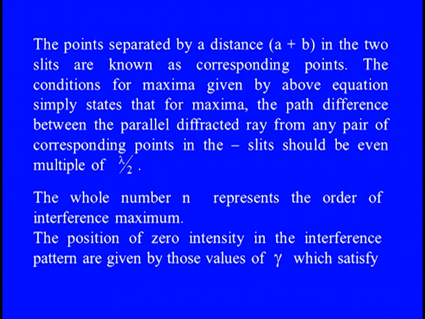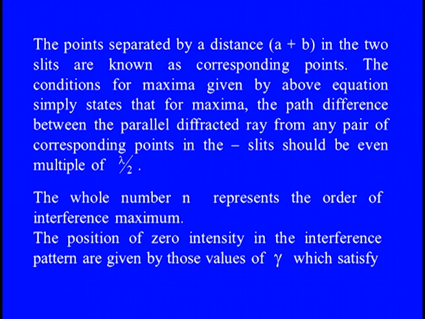The points separated by a distance a plus b in the two slits are known as corresponding points. So, the condition for maxima given by the above equation simply states that for maxima the path difference between the parallel diffracted rays from any pair of corresponding points in the slits should be an even multiple of λ/2.